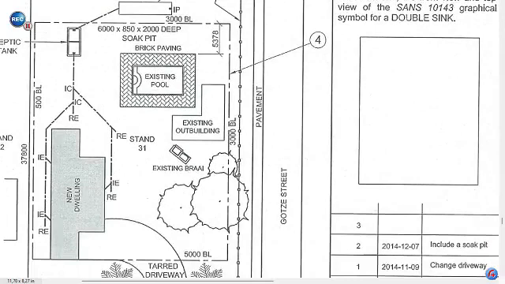Number 9, what is the depth of the feature at 1? So if you look at number 1, it refers to the soak pit that you will see here. We will find the width, which is 850, the length is 6000, and you will find the depth of 2000 millimeters, and obviously if you convert that to meters, it's going to be 2 meters.